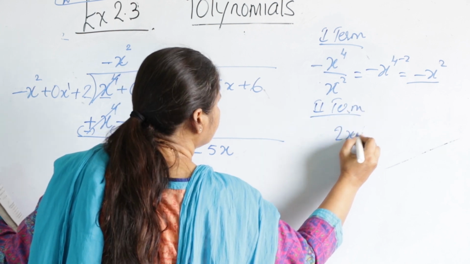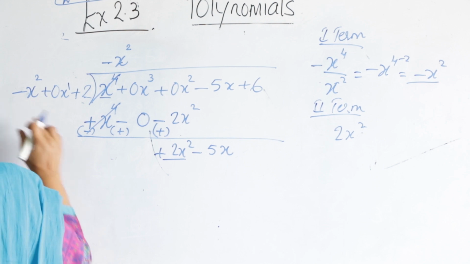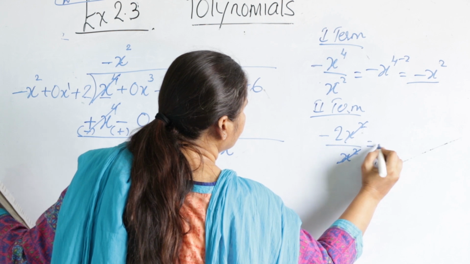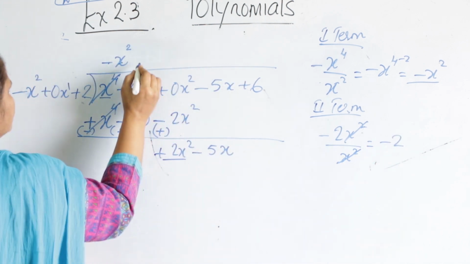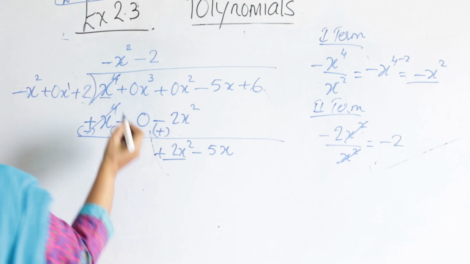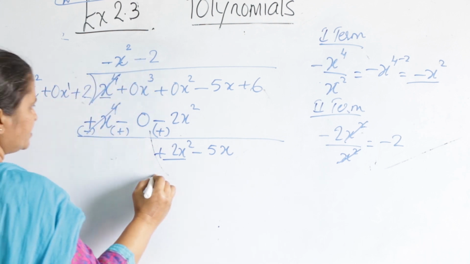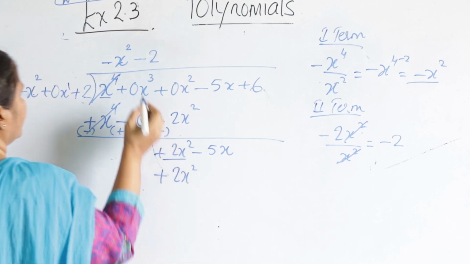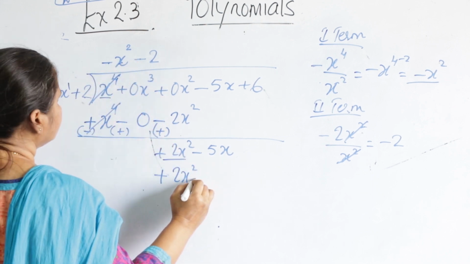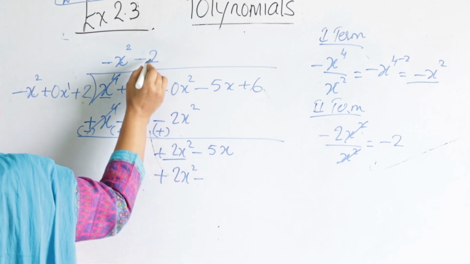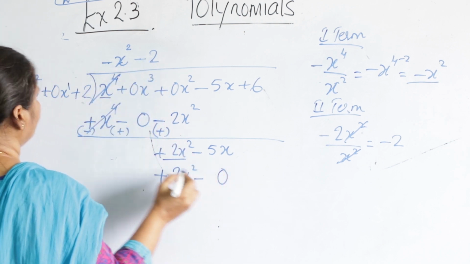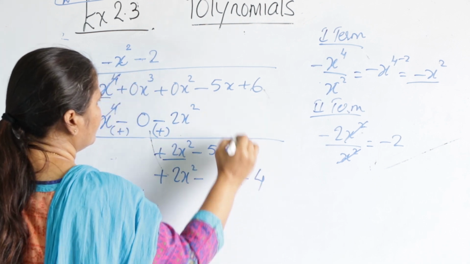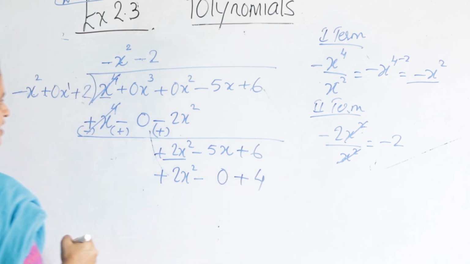This is 2x square, and let us divide it by minus x square. This will become minus 2. So this will be minus into minus plus 2 times x square, 2x square. Plus into minus, minus. This is 0. This is plus 4.